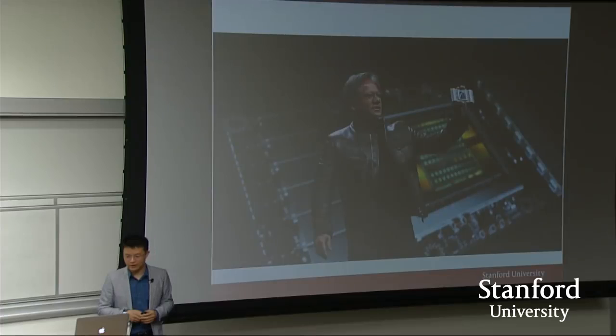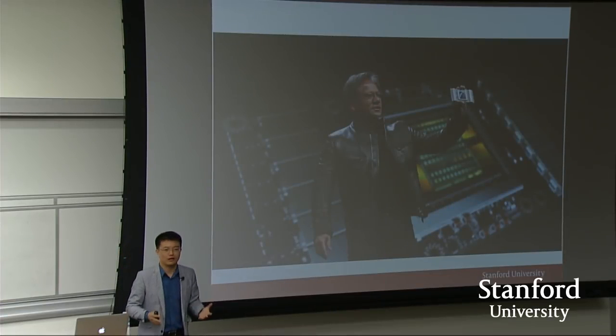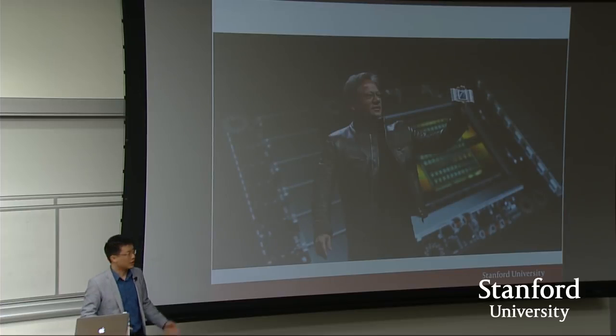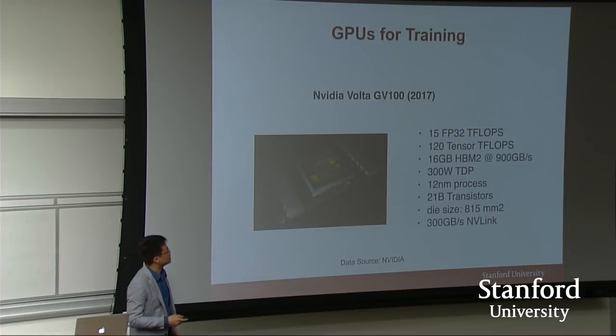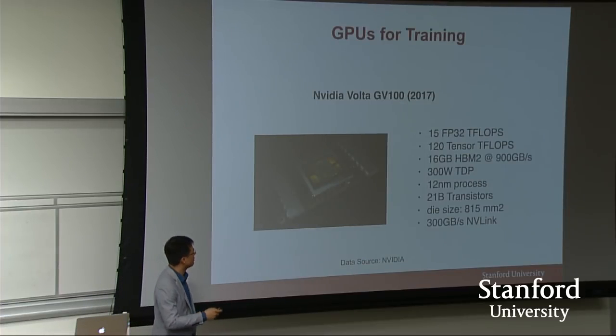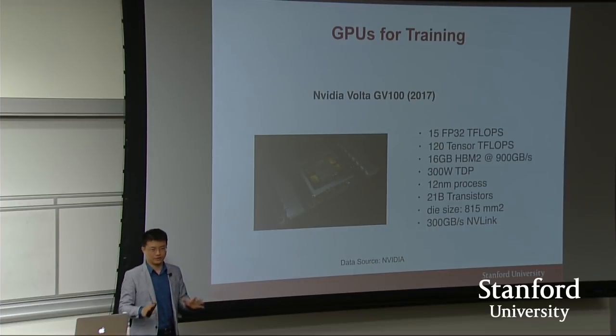just about a month ago, Jensen released the newest architecture called the Volta GPUs. Let's see what is inside the Volta GPU, just released less than a month ago. It has 15 FP32 teraflops. And what is new here, there are 120 tensor TOPS specifically designed for deep learning.